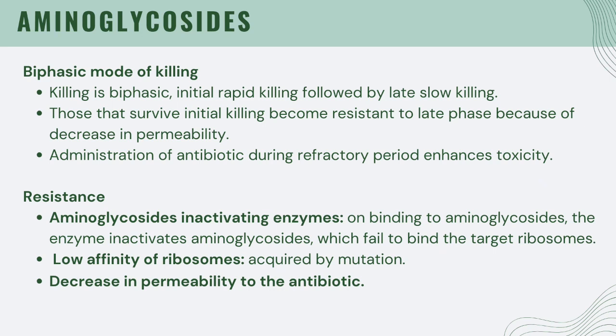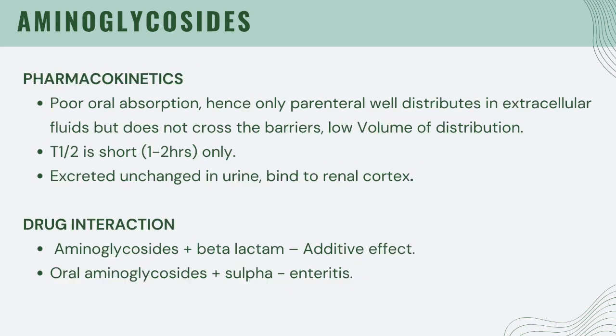Bacteria can produce enzymes such as aminoglycoside inactivating enzymes, which chemically modify the aminoglycoside antibiotic. These modifications can include acetylation, phosphorylation, or adenylation of specific sites on the antibiotic molecule, reducing its affinity for the bacterial ribosome and rendering it ineffective.